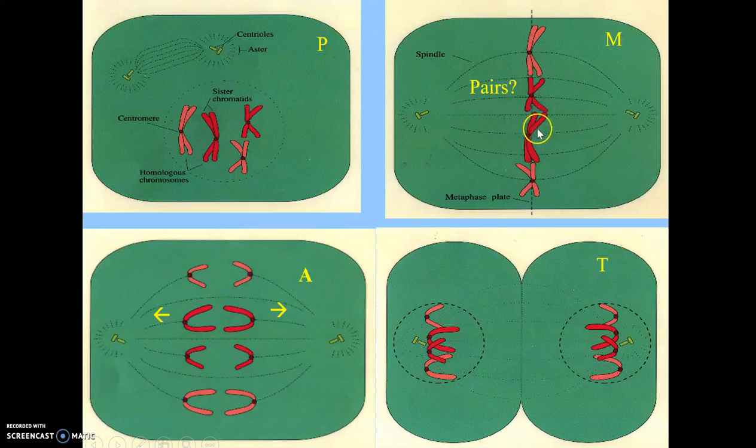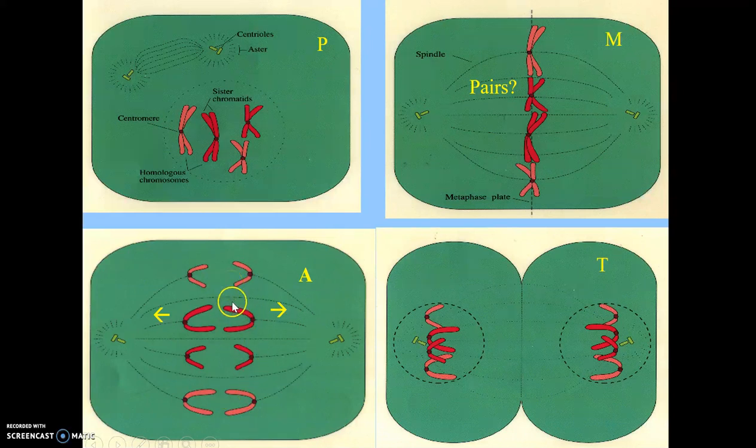If you notice, we have these two sister chromatids here. Remember, they're identical copies of each other, and they're lined up nice and neat. And so in metaphase, we line those up. But then in anaphase, the centromere, or the kinetochore proteins there at the centromere, split, so the sister chromatids are separated from each other. This copy goes to this side of the cell, this copy goes to this side of the cell, and it separates those nice and evenly.